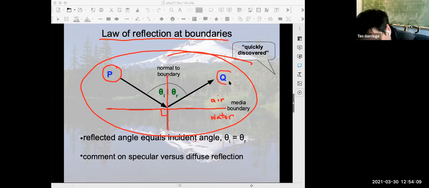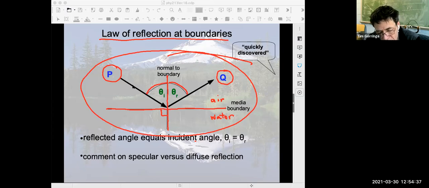And over here on the right is a light ray that's emerging after reflection from the interface. When we describe the direction of the incident light ray and the direction of the reflected light ray, we measure those angles with respect to the normal.